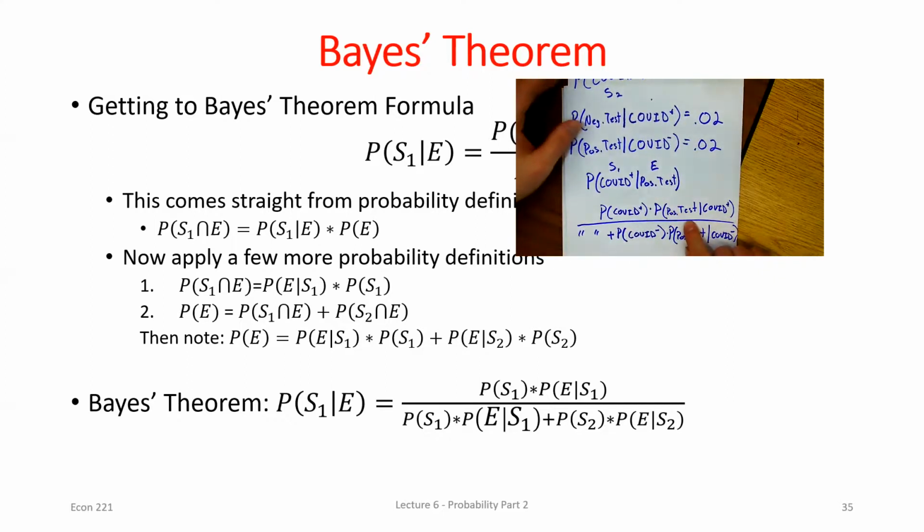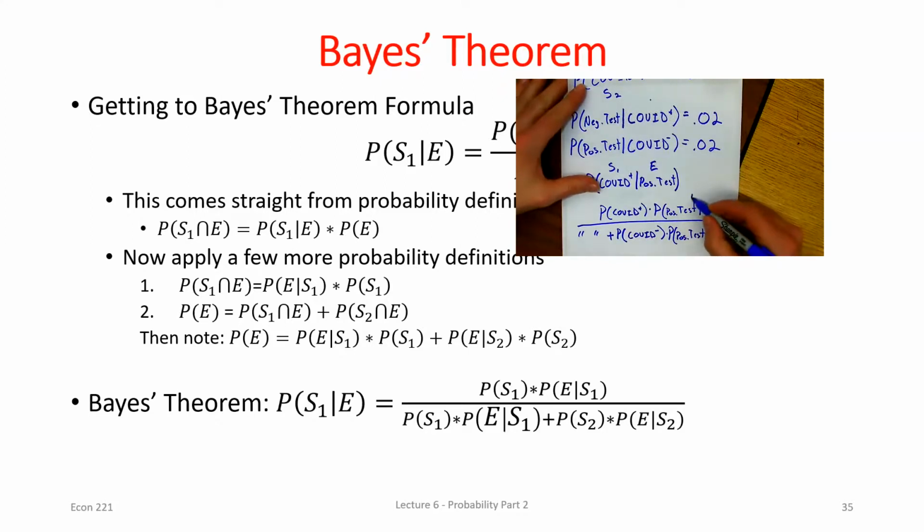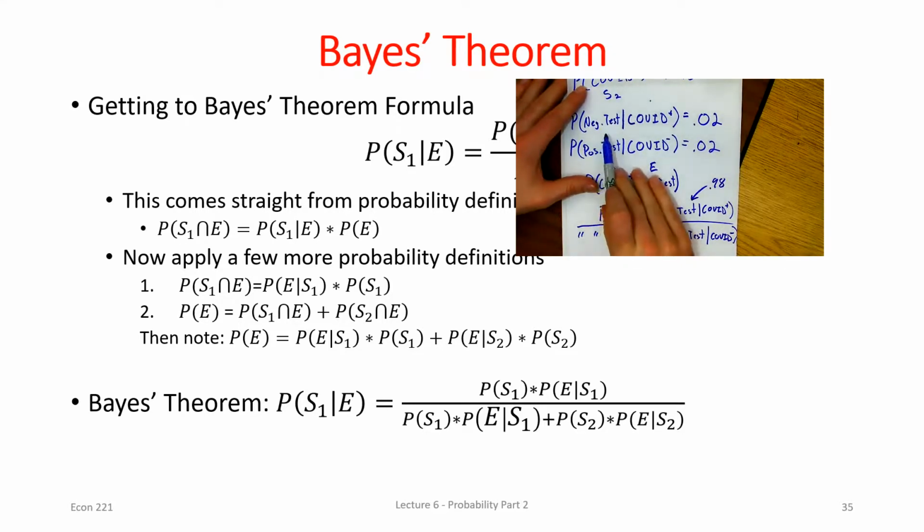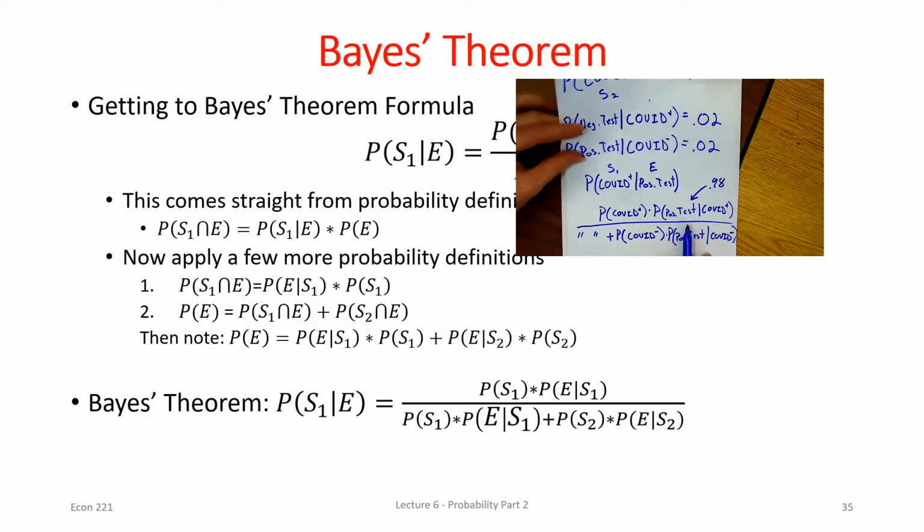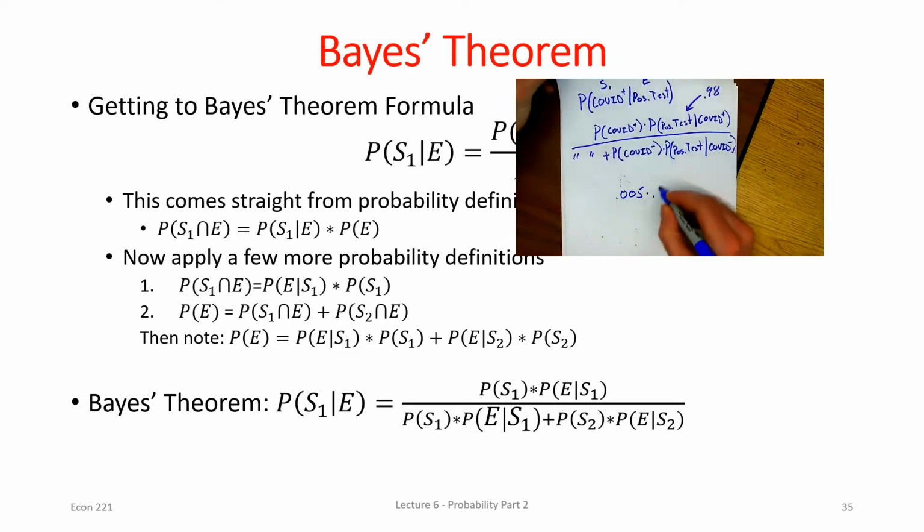So the probability they see a positive test result here should be what? Right? I'm looking at people who are COVID positive. There's a 2% chance they get a negative result, which means there has to be a 98% chance they get a positive test result. So we'll plug in down here 0.98.